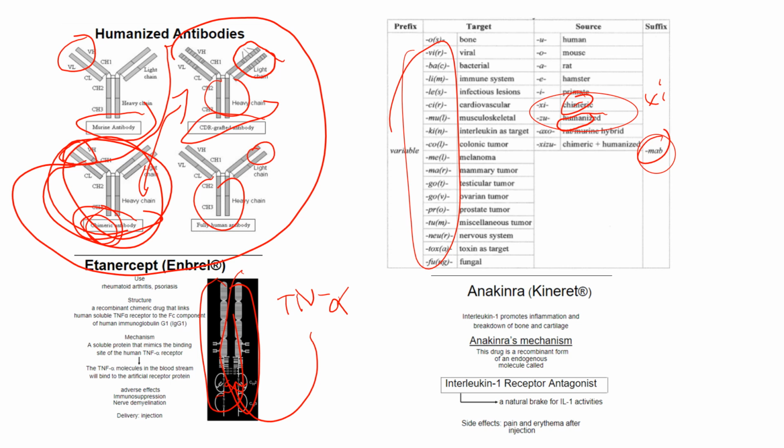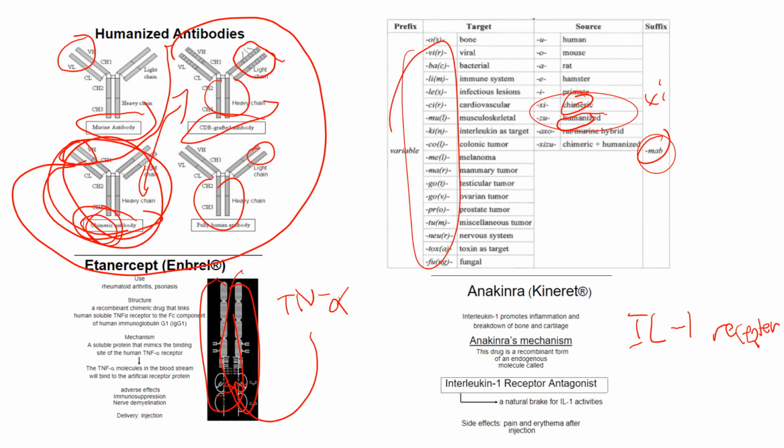Anakinra attacks what's called IL-1. It actually attacks the receptor instead of IL-1 itself. So while etanercept attacks the mediator, anakinra will actually attack the receptor. Because you have to stop one or the other, right? If you stop the molecule, the signaling is going to stop. If you stop the receptor, the signaling is going to stop.